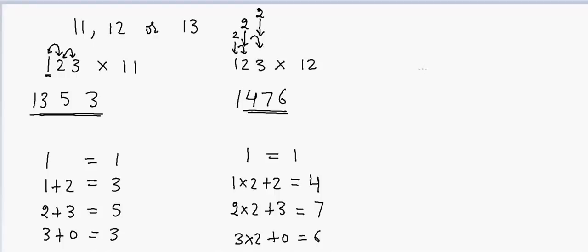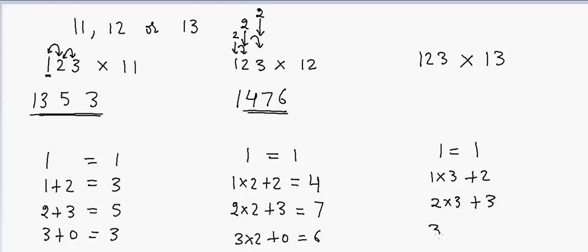So let's go to another example and multiply by 13. If I have 1, 2, 3 and I want to multiply by 13, in this case I'll do it the same way. The first digit will be equal to the first digit, the second will be 1 into 3 plus 2, the third will be 2 into 3 plus 3, and then we have 3 into 3 plus 0.